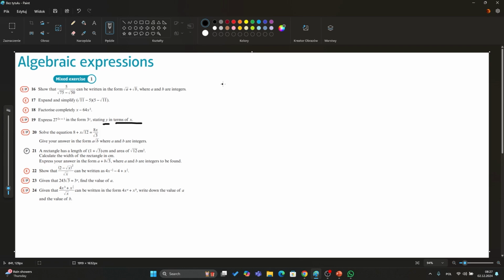And the last question, given that (4x cubed plus x to the power of 5 over 2) all over square root of x can be written in the form of 4x to the power of a plus x to the power of b. Write down the value of a and the value of b.